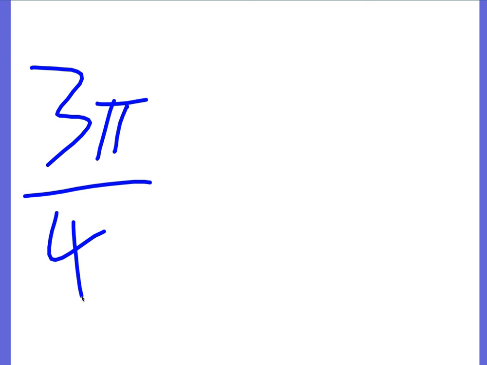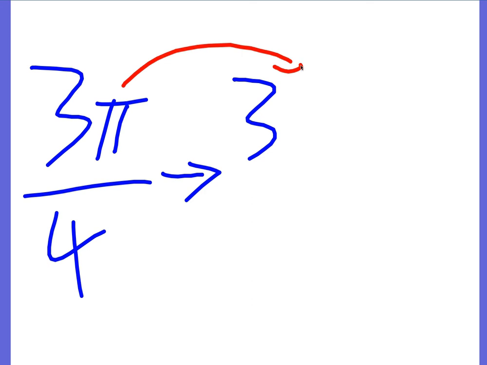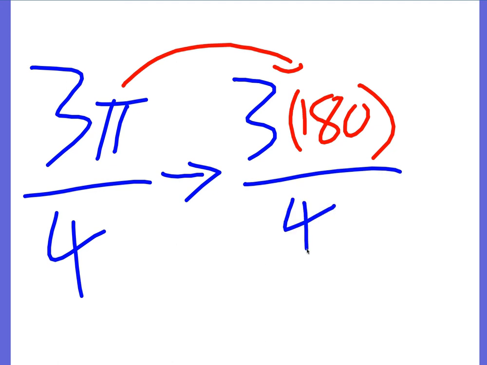Shortcut time. You might really like this shortcut. The shortcut for converting from radians to degrees, since pi is equal to 180, is to just take the pi and replace it with 180. Everything else will fall into place.